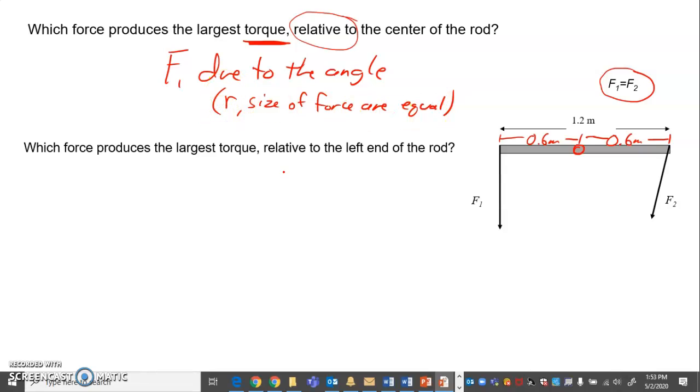Okay, so the magnitude of the position vector, size of the force are the same. The only difference is the angle. Here's another question though. Which force produces the largest torque relative to the left end of the rod? And so let's consider that.